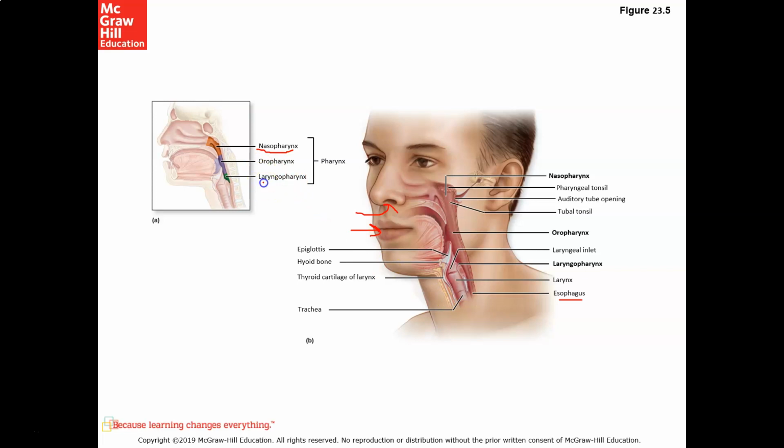The laryngopharynx is now where you're going to start to differentiate into the esophagus and the food-bearing system, and into the trachea, where the respiratory system goes. So this is just a brief review of all of those tissues.